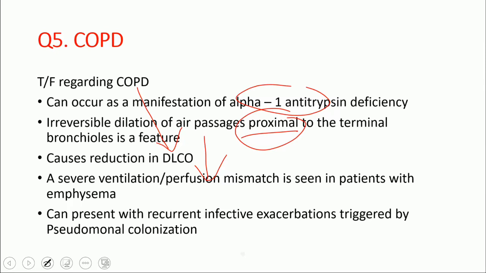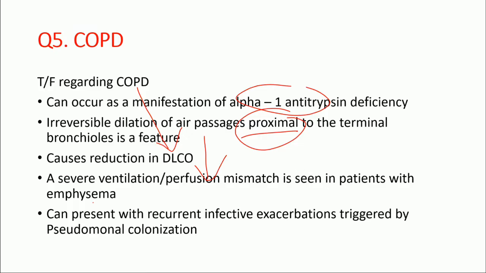Because in emphysema, the alveolar wall is dilated and destroyed, everything, the alveolar capillary membrane, so you get a reduction in the DLCO in emphysema.